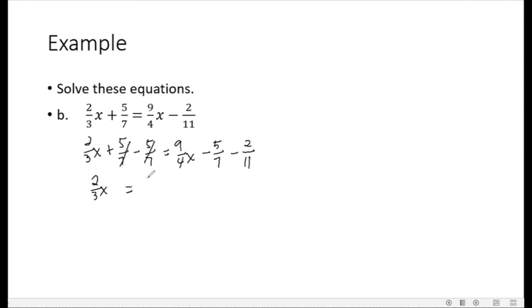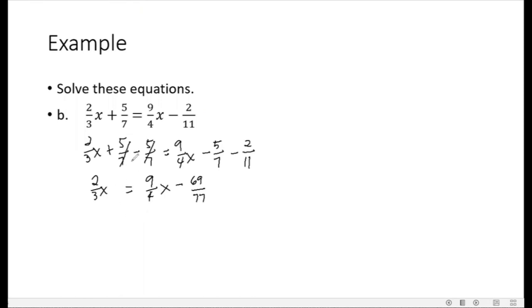So equals 9 over 4x, then negative 5 over 7 minus 2 over 11. So we have negative 69 over 77.